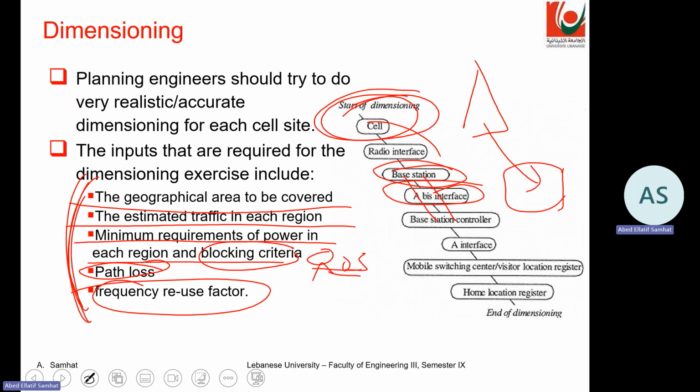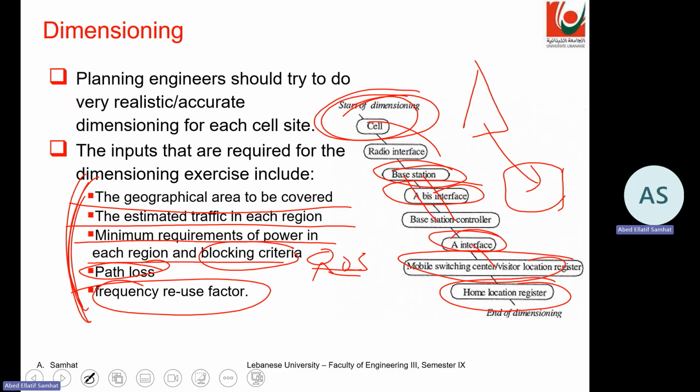Okay. And after that, the interface to connect to the mobile switching center, and based on the expected number of users that you want to support in your system, what's the equipment that you want to use as home location register, as VLR. I mean the capacity of those equipment.